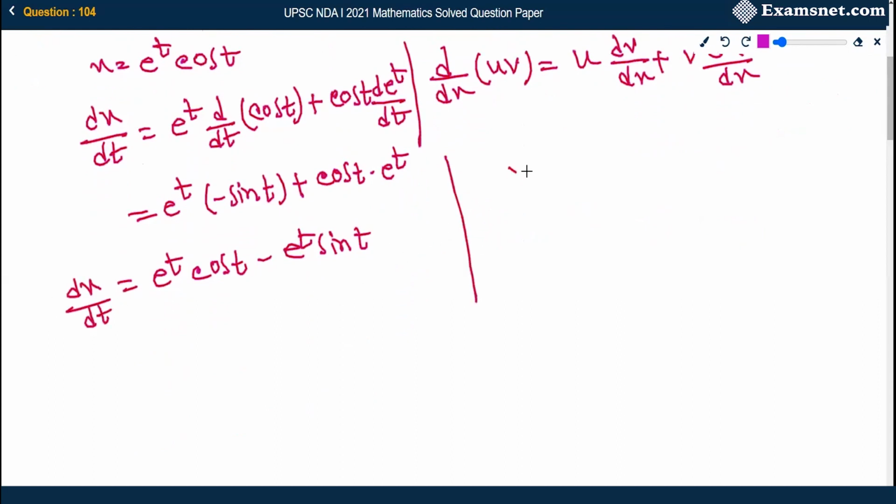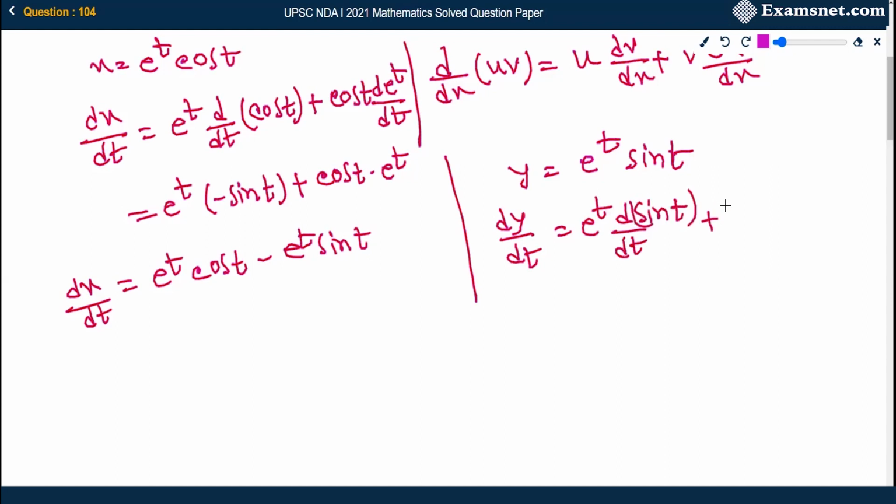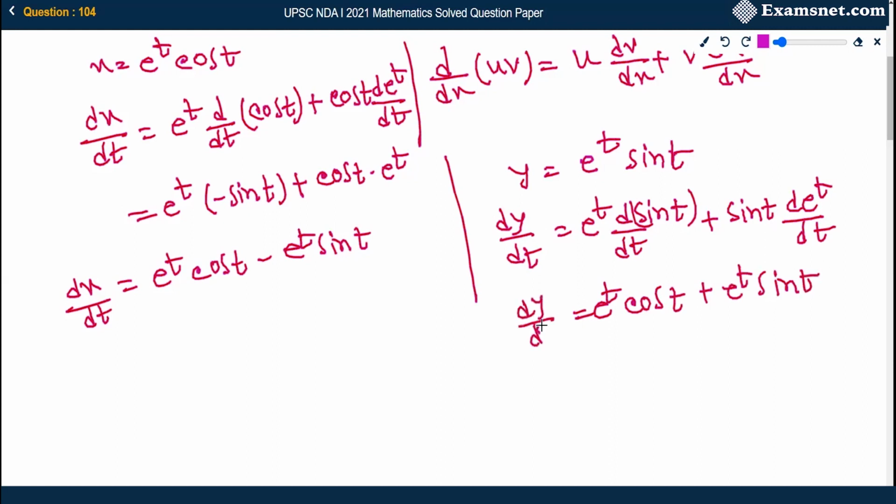Now, another one, y equals e to the power t sin t, right? It's also in u multiplied by v form. So dy by dt, y is also a function of t, so we will differentiate with respect to t. So e to the power t d/dt of sin t plus sin t d/dt of e to the power t. So here dy by dt is e to the power t cos t plus e to the power t sin t. Correct.